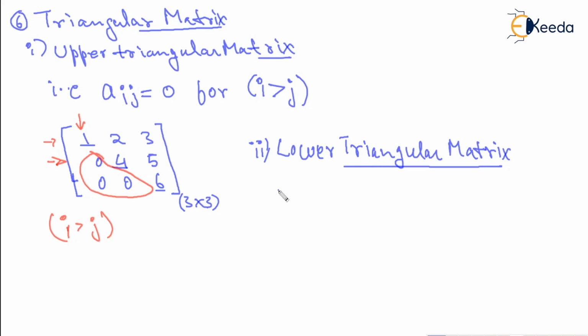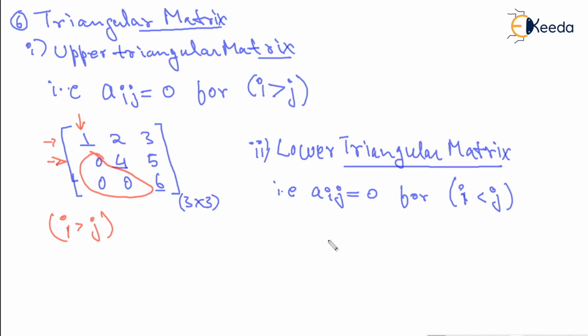So that is Aij equal to 0 for upper off. So if these are the diagonal elements, upper off means this element, this element, this element. And if you see, for a certain row, without changing the row, you are moving to the next column. So i is same, but j increases. So from first column, it goes to the second column. So you can say i is less than j, right?